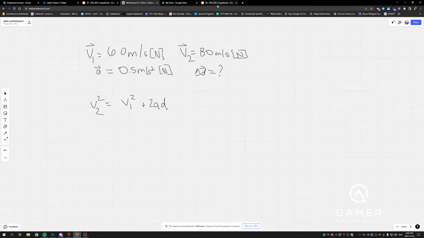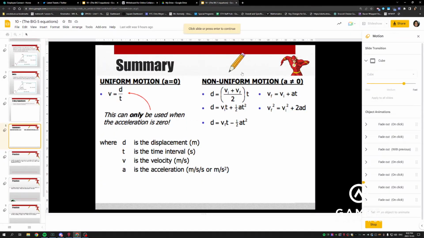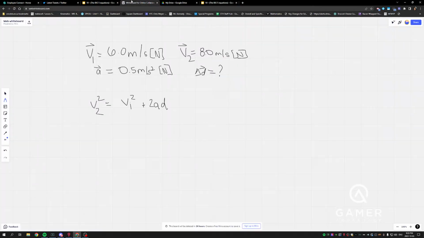Okay, and again, I got these equations from my slides here, or from my textbook, or from the equation sheet that you will be given, and I'm picking the equation that has the 4 variables or 3 variables that I need, and I'm just omitting any of the equations that have the variables that I can't use. So in this case, I couldn't use t, so any of the equations that had time in them, I can't use, which just left this last one.